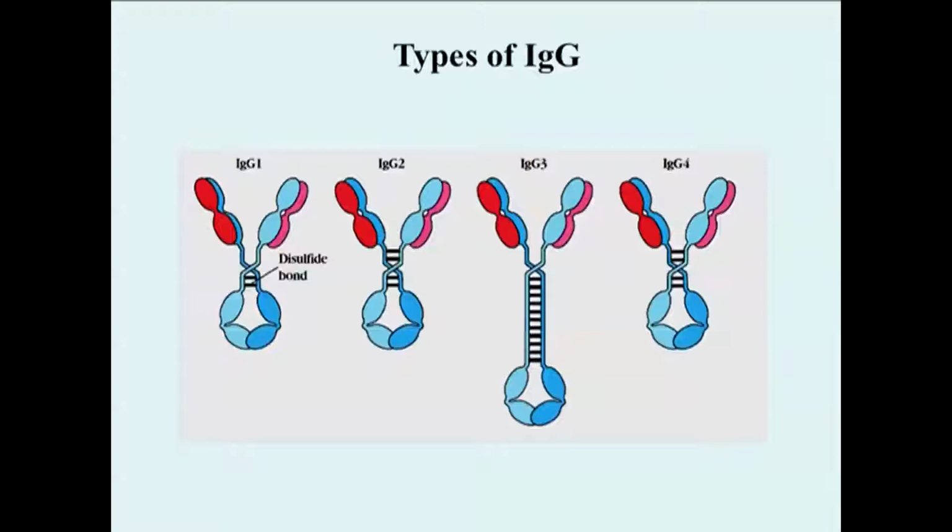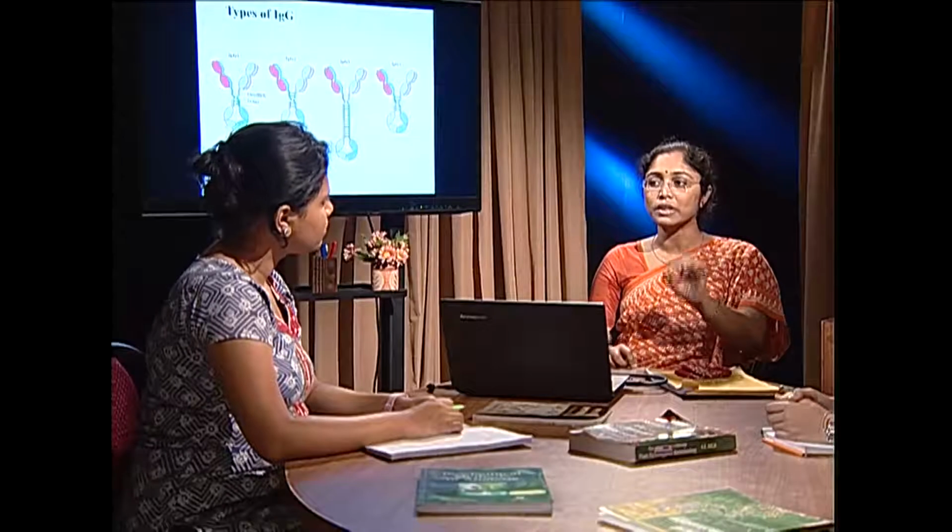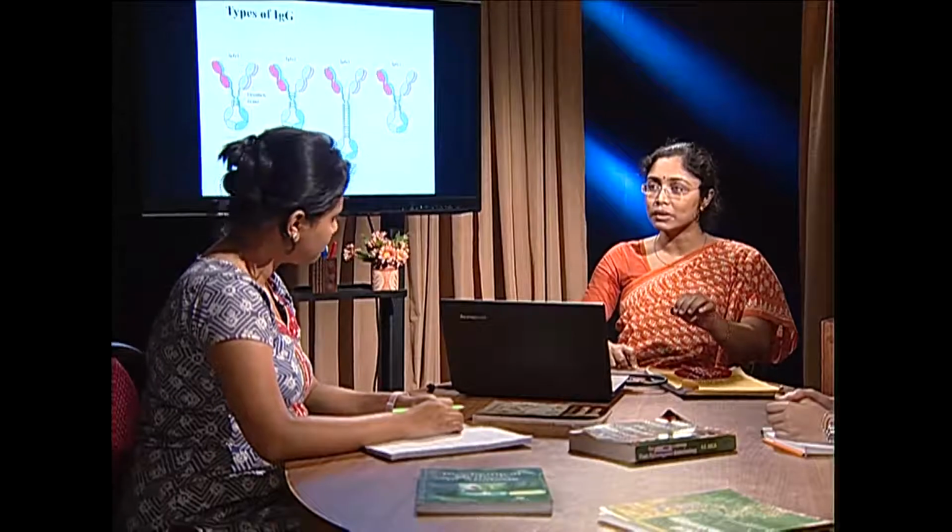Structurally they differ in the length of the hinge region and also in the number and position of the disulfide linkages, and they are named 1, 2, 3, 4 depending on decreasing serum concentration. The percentage of IgG1 is maximum in serum and that of IgG4 is least.